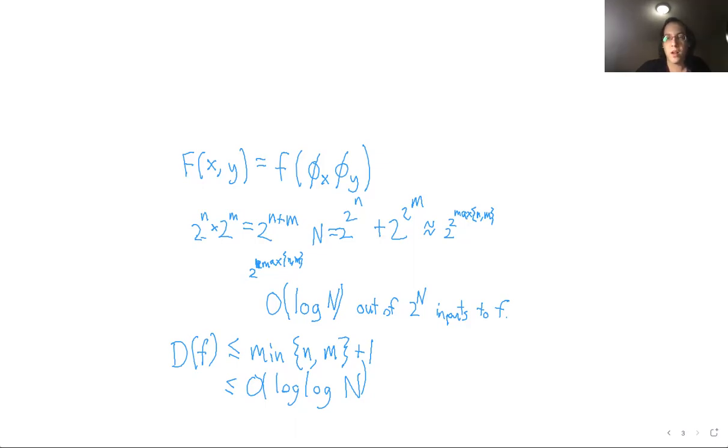So we can say that one way to define the deterministic communication complexity of capital F, which we will denote by dCC of capital F, is to define that to be the deterministic query complexity of little f. Okay, where little f is, of course, a function that depends on capital F.